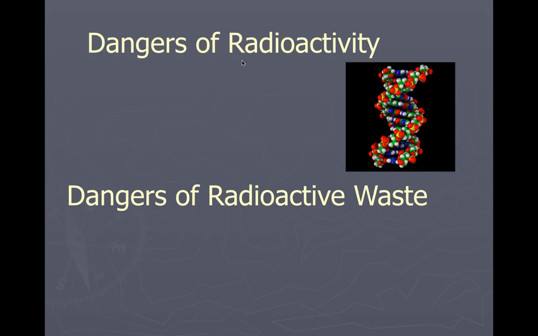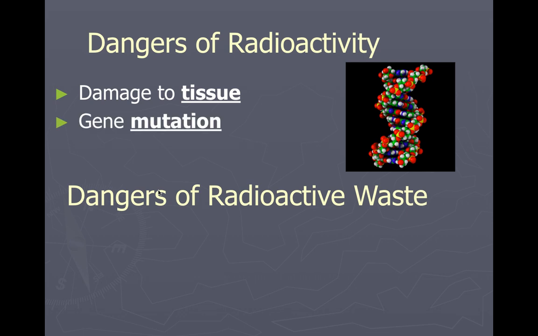Okay, so dangers of radioactivity and radioactive waste. Well, it can damage tissue. In fact, Marie Curie and her husband both did die of cancer and diseases related to the radioactivity they were exposed to. It can mutate your genes so you can pass that along to your children. So you have to be very careful.